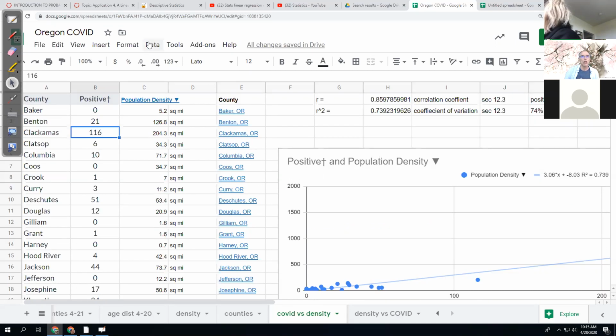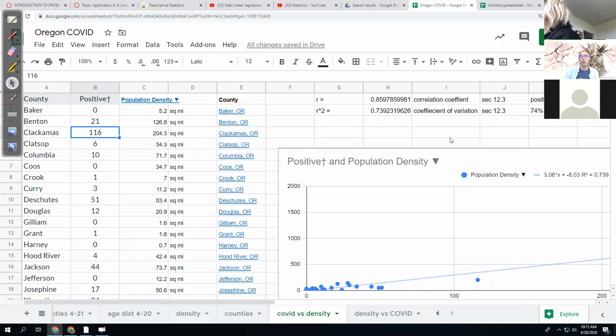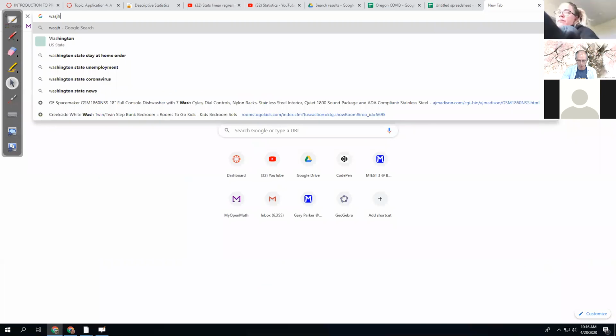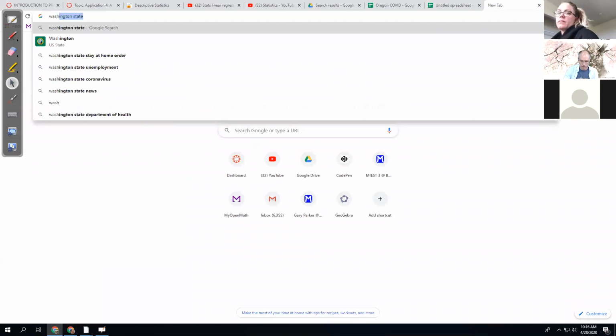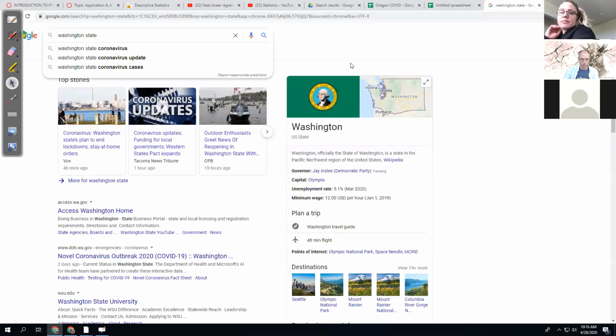All right, so can I make predictions with this here? Well, the answer is yes. So if I were to look up number of cases in some region, like maybe we pick on Washington State, pick some county there.